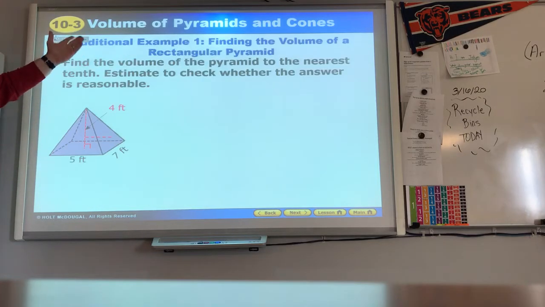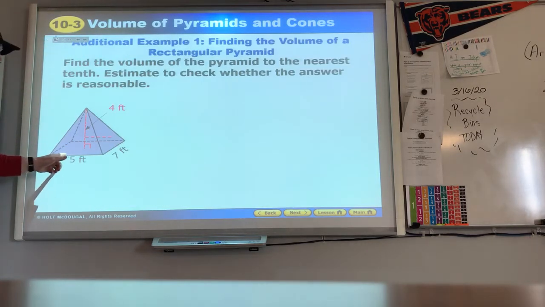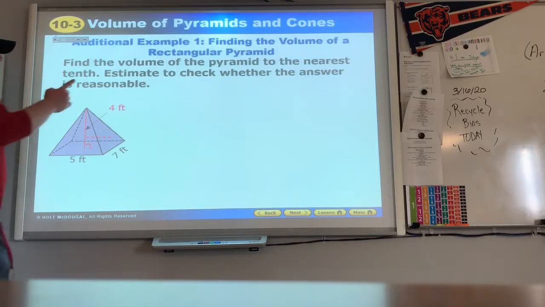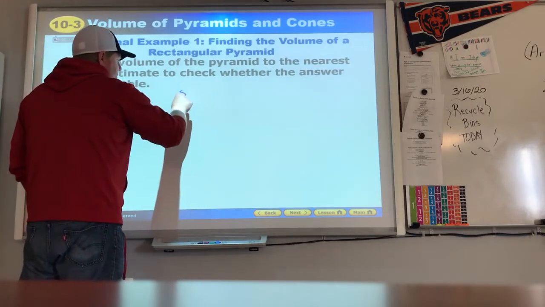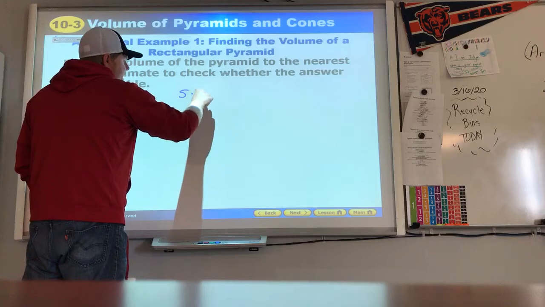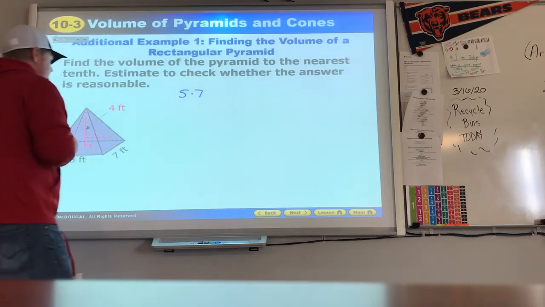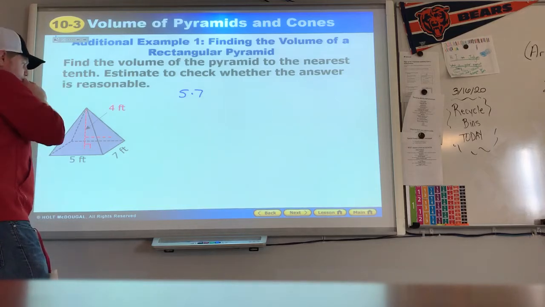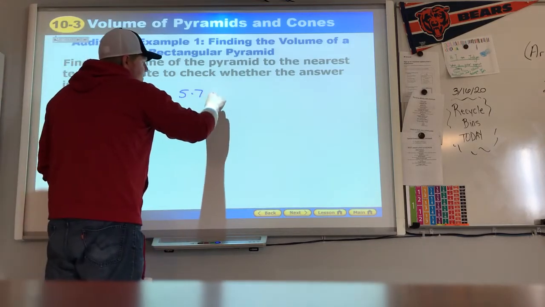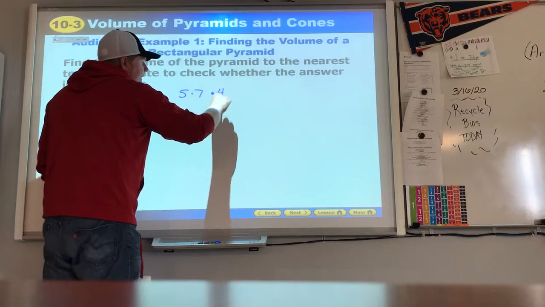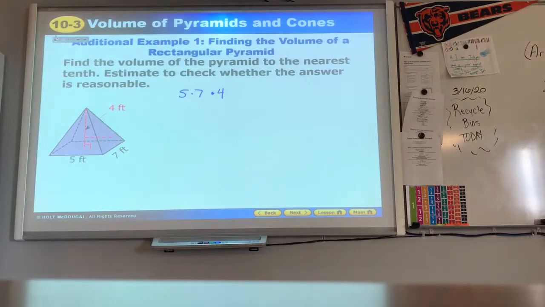Let's see. So we see a square base. To find the area of a rectangle, 5 times 7, that will give you our area of the base. Then you take that times the height. Very much the same thing as yesterday when we did our prisms.